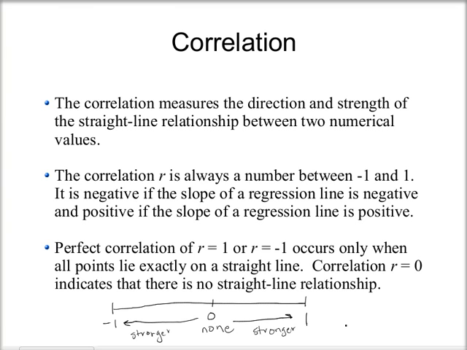At +1, we have perfect correlation, which means all of the points lie exactly on a straight line with a positive slope. At -1, we have perfect negative correlation, which means that all of the dots are on a straight line with negative slope. So a line that goes down as you go to the right.